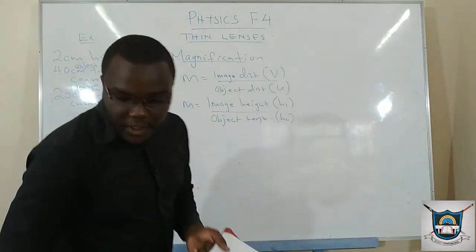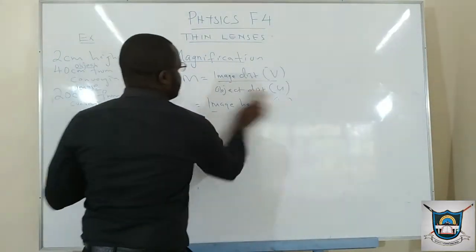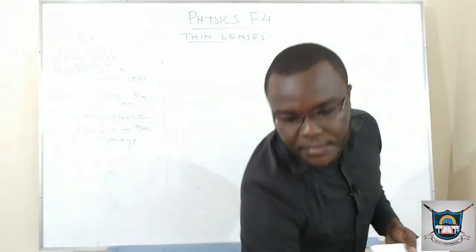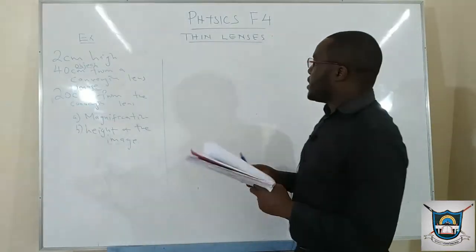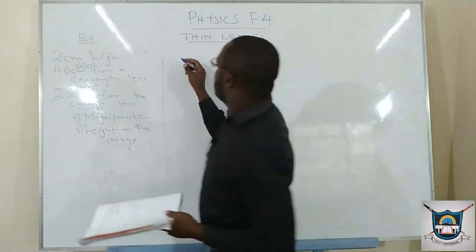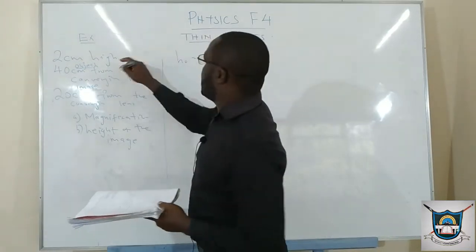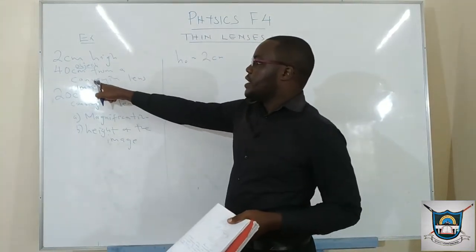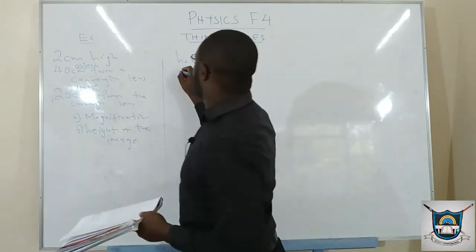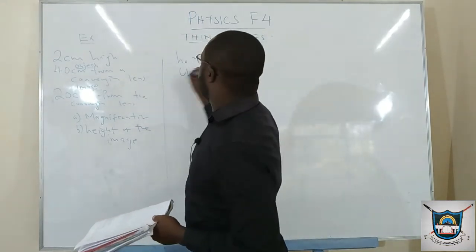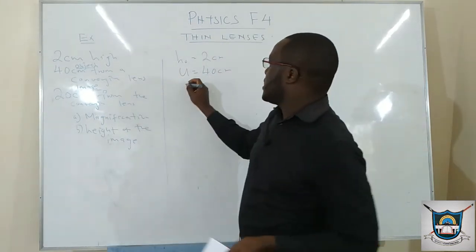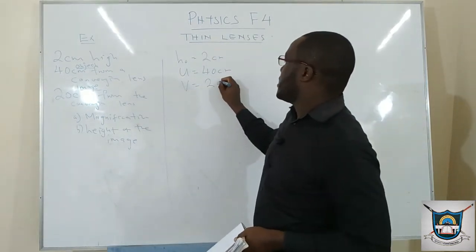So when we start with magnification, we first check what we are given. I can see that we are given HO, the object height, 2 centimeters. We also have the object distance, U, which is 40 centimeters, and the image distance, V, which is 20 centimeters.